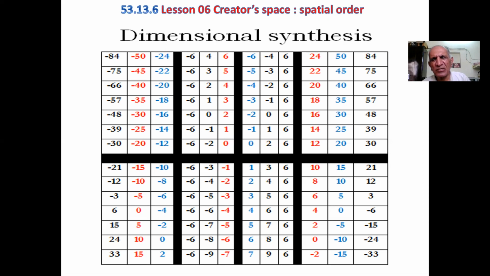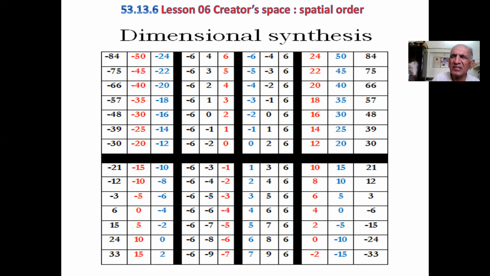For the present, it may be taken that within the spatial axis there happens dimensional synthesis for any number of dimensions of the same order, for every order, may it be positive, negative, or zero. This statement in itself is a very big mathematical statement.